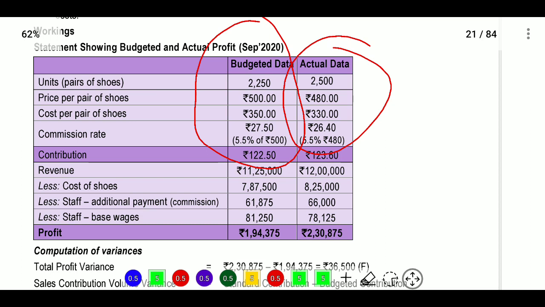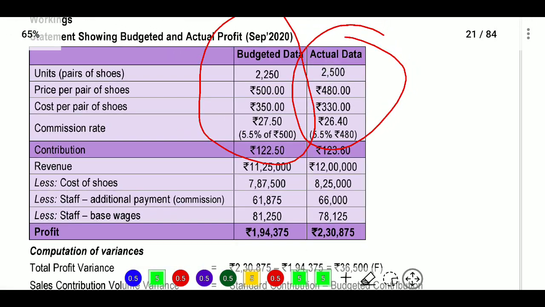Now contribution into units gives us the revenue. The contribution is 122.5. The revenue is the selling price 500 into the units 2250.